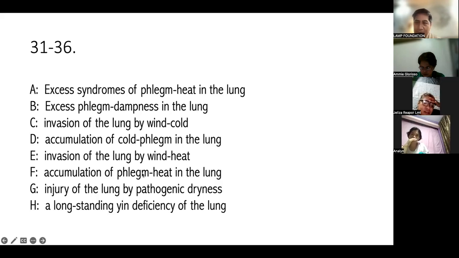Okay, ganito. Can you divide the tongue into 3 parts? Nasaan ang upper burner, middle burner, and lower burner? Nasa middle third, posterior third, or front third? Ang upper burner po nasa bandang baba po ng tip ng tongue eh.